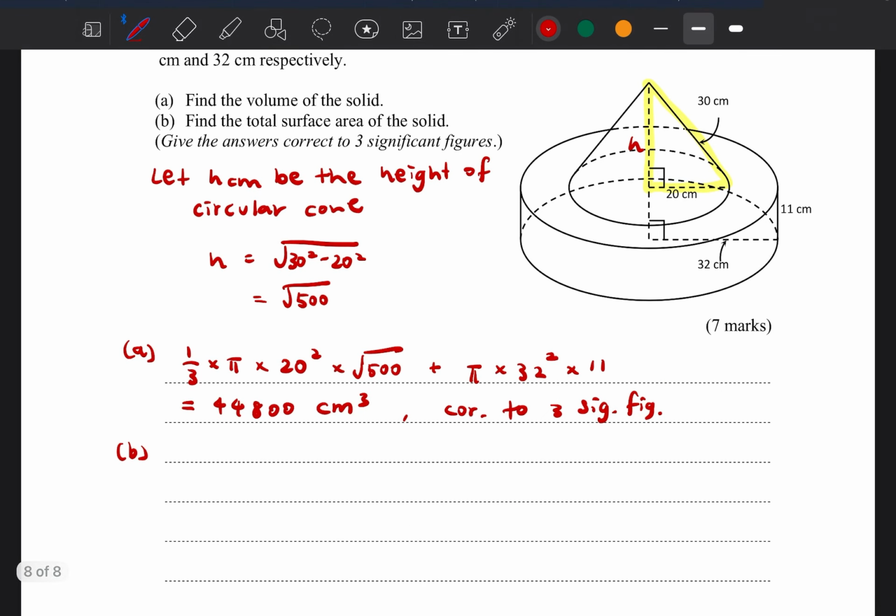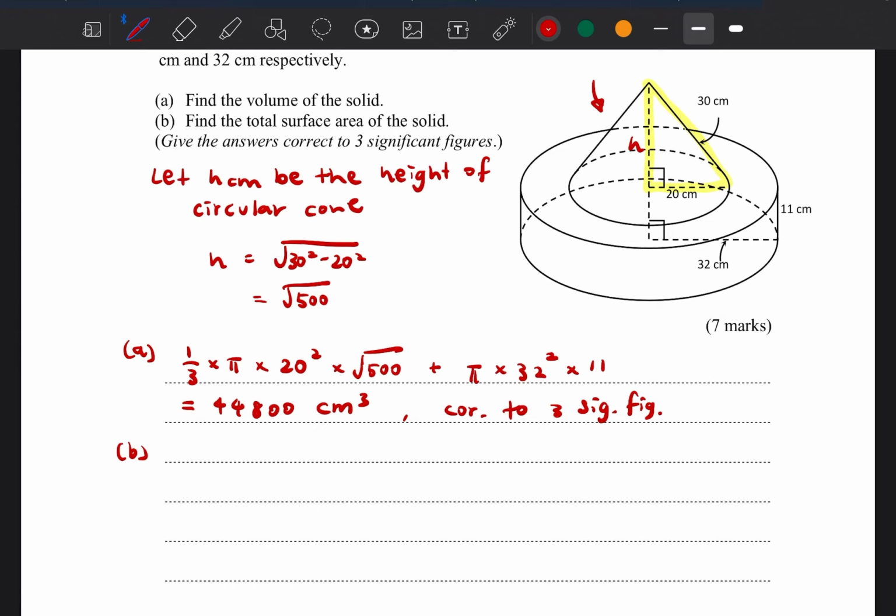And then B, find the total surface area of the solid. Total surface area of the solid means the surrounding part. Here we got two of them. The cone, you got a curved surface area. And do we have the base?